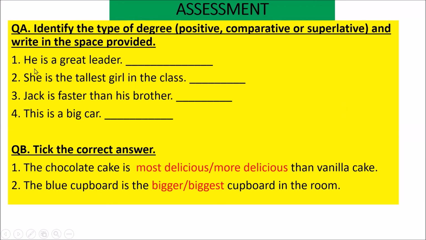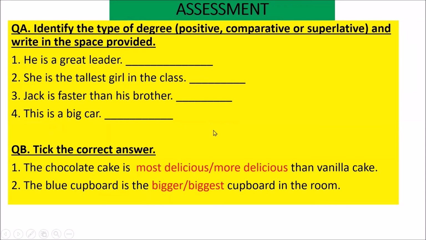So what are you going to do? He is a great leader. Is it positive, comparative or superlative? She is the tallest girl in the class. Is it positive, comparative or superlative? Jack is faster than his brother. Is it positive, comparative, superlative? This is a big car. Is this positive, comparative, superlative?